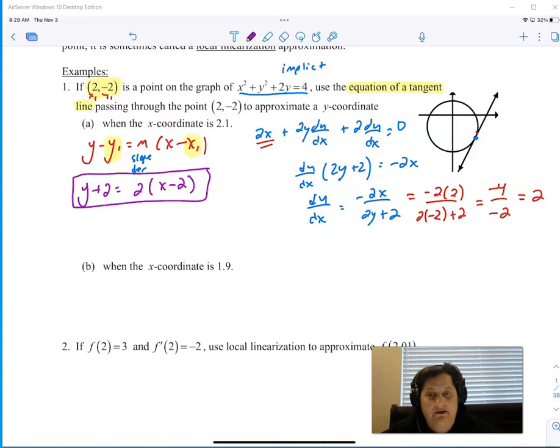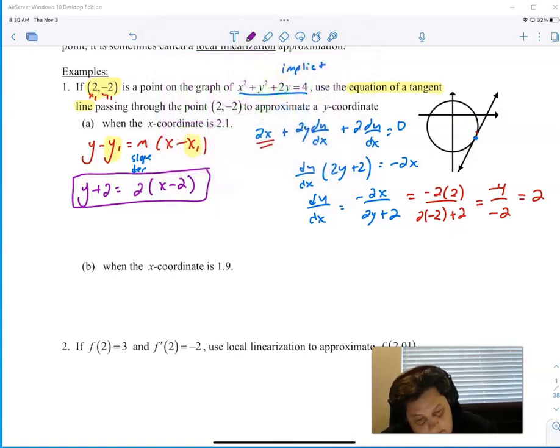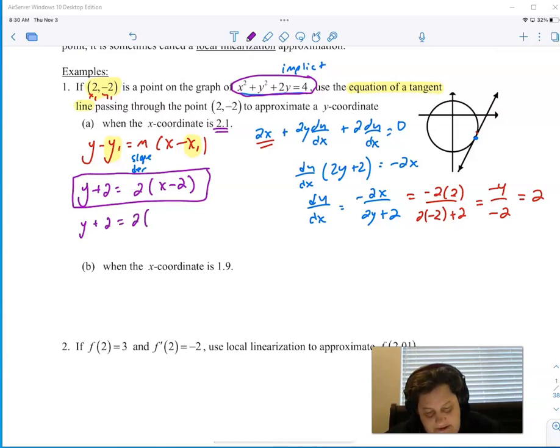That's the equation of my tangent line. So now, for when the x-coordinate is 2.1, I can't really just plug it in and solve it. It's not going to work very well. So what I do is plug it into here.